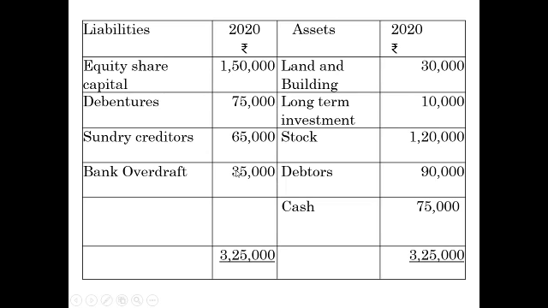And the third ratio is debt equity ratio. Long term debt is specifically given, the debentures, divided by equity, which is 1,50,000. And the last one is proprietary ratio. The net worth, equity share capital only we can consider here, there are no reserves and surplus, divided by the total assets, 3,25,000.